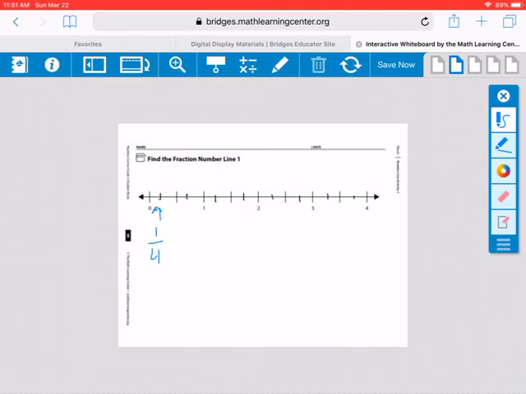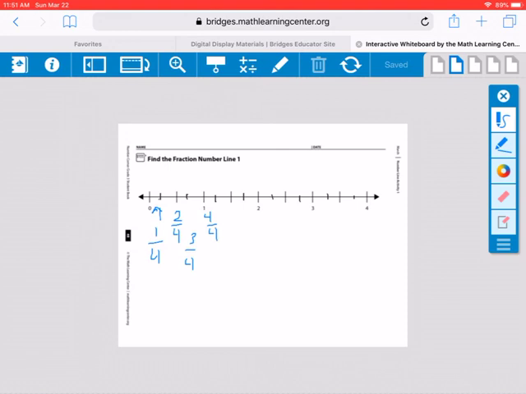Just like this next line would be 2/4 of my number line. Then I would have 3/4, and 1 whole would be 4/4. I could continue on all the way through my whole number line until I've gotten all the way here, which should be the same as what?